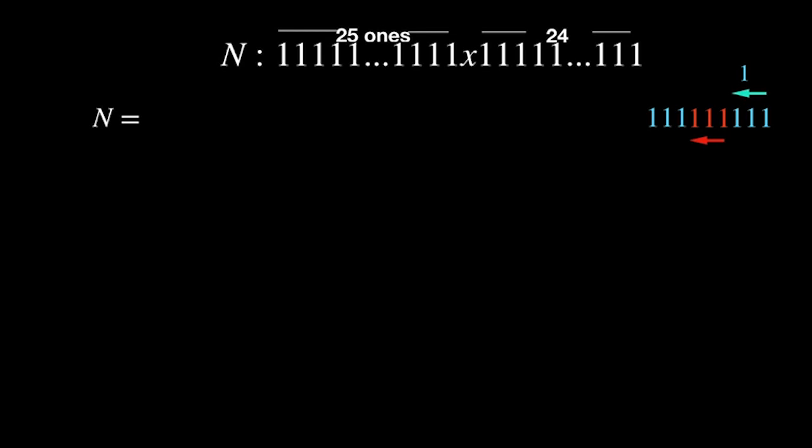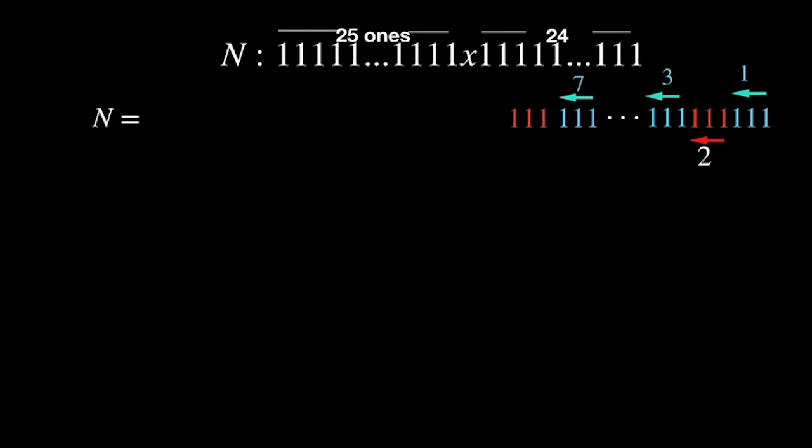So we have the first block, 3 ones in blue, and then the next block, 3 ones in red, then again 3 ones, the third block in blue, and again the fourth block. So in this way we have alternate blue and red blocks here.